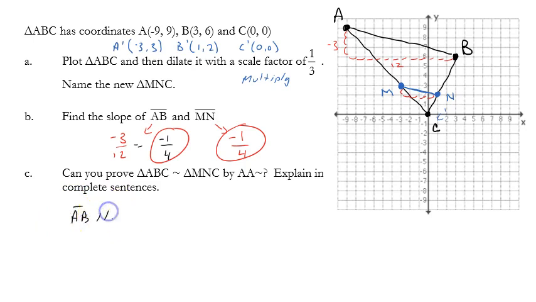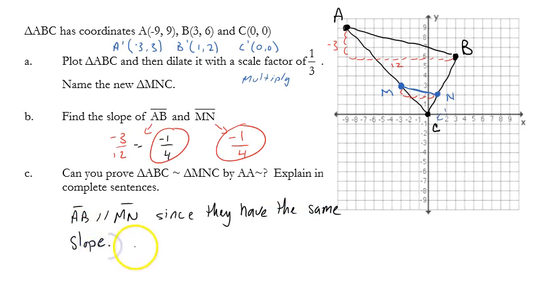Segment AB parallel to segment MN, since they have the same slope. That's the first step. Now, angle-angle similarity means we have not one, but two pairs of angles that are congruent.